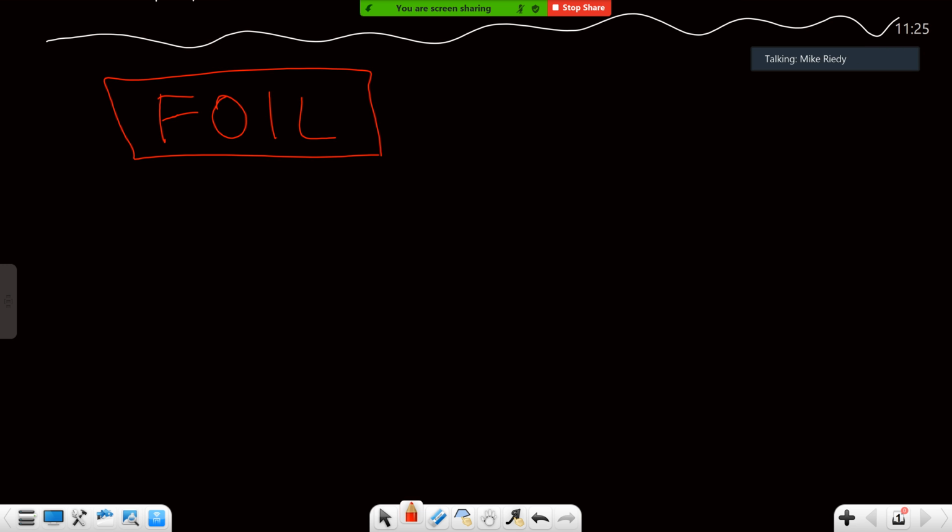All right, now we're going to go backwards. So we started by factoring out a GCF, but with the stuff we're going to do, we also need to be able to FOIL. So if I take something like x plus 2 times x minus 1. The whole big picture for this lesson is we're going to go backwards and end up with something like this.